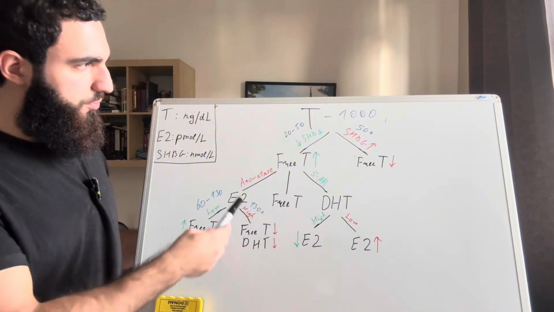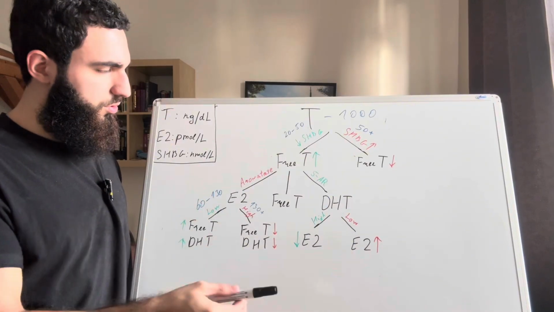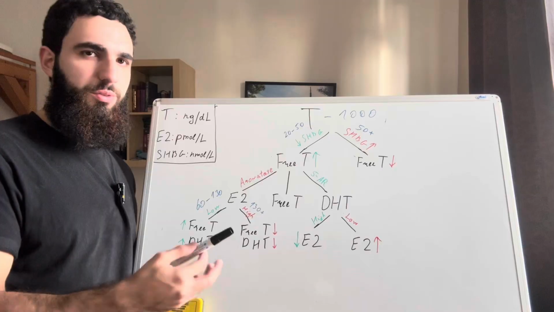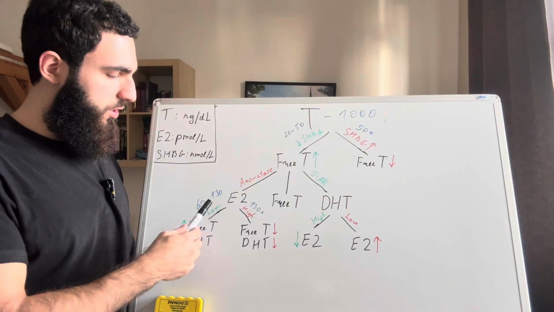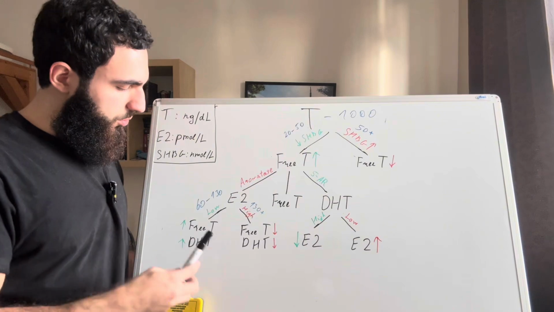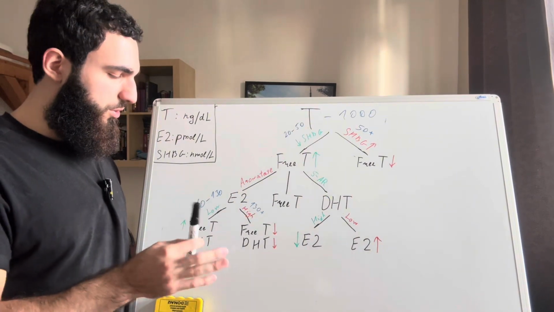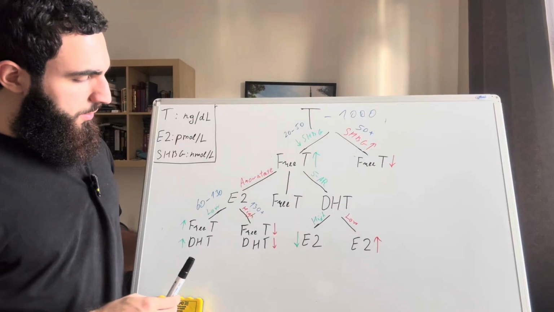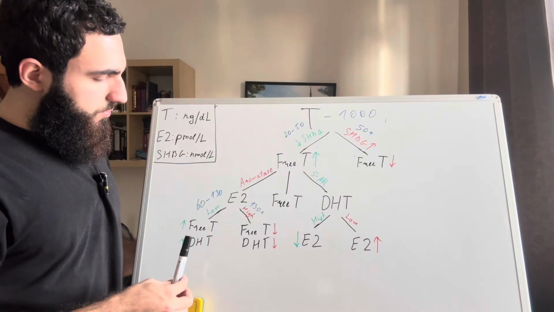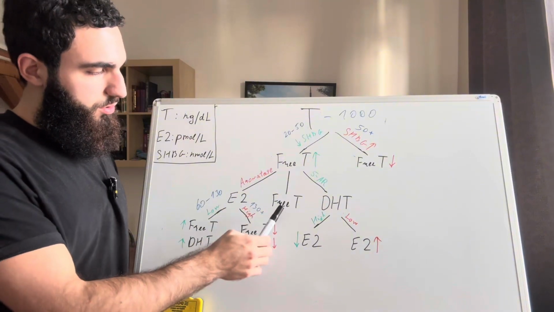But if you have, again, 600, 700 total testosterone, let's say free testosterone is like 150 and your estradiol is 110, it's bad. So between 60 and 130, I would say it's the golden middle. So yeah, the higher E2 is, the lower DHT and the lower free testosterone.